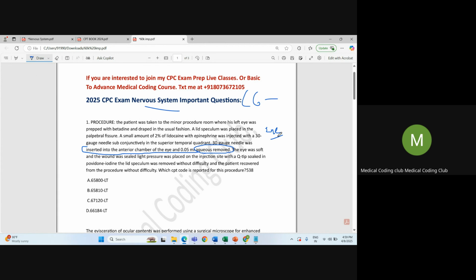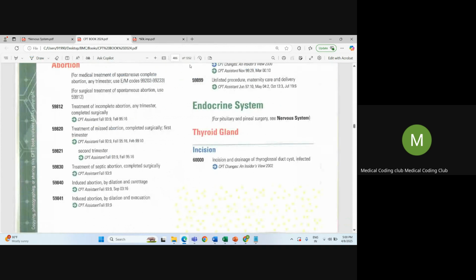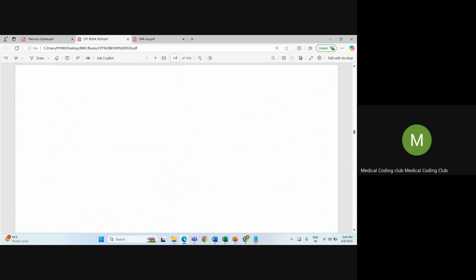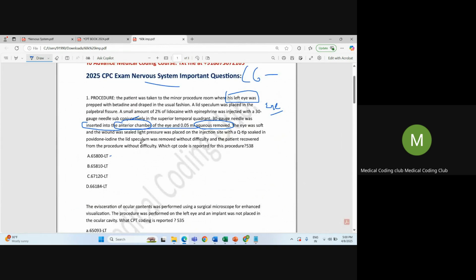So we'll see the answer for this. Also, the needle was inserted into the anterior chamber. This is another important coding point here. Let's see the options. The LT modifier is given because the procedure is happening on the left eye. I'm going directly to the anterior chamber. For your better understanding, pause the screen, navigate through all the options and find the correct answer.